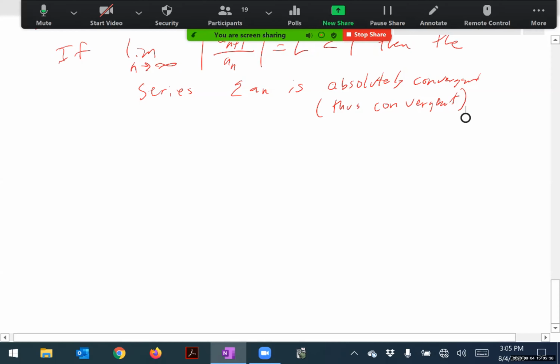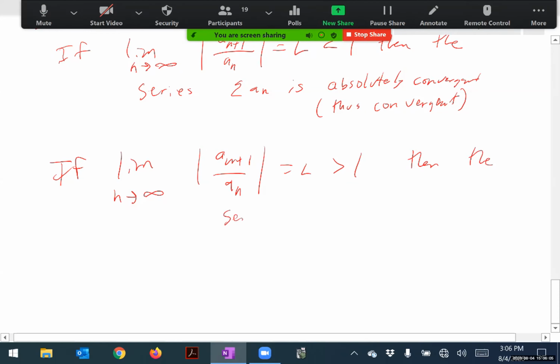Anyway, then the series is absolutely convergent, thus convergent. If the limit as n goes to infinity of a sub n plus 1 over a sub n is equal to L, which is greater than 1, if this comes out to be greater than 1, then the series is divergent.